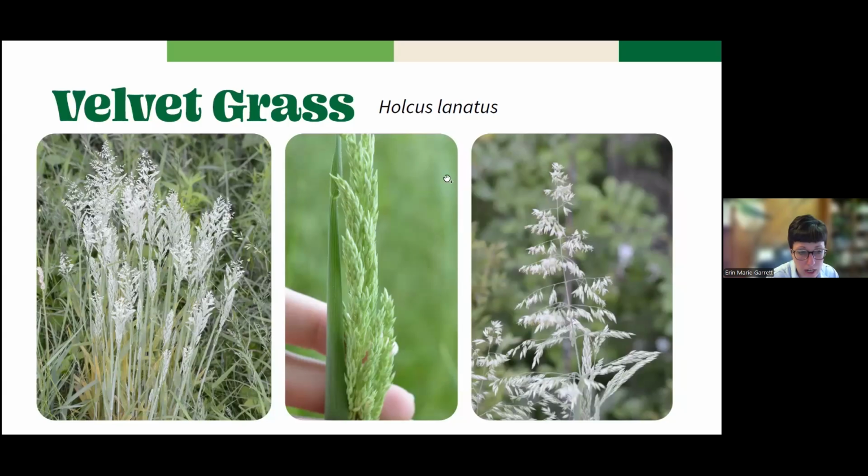Very silvery and still really silky. This is one that's a little bit more green in color, but I think that might just be the lighting that I got in my camera, but typically more silver in color. So velvet grass. I'm curious if anyone's seen this one before. If you have, put it in the chat because that was a new one for me and no one that I've talked to has seen that one either.